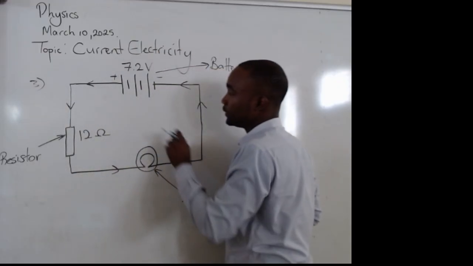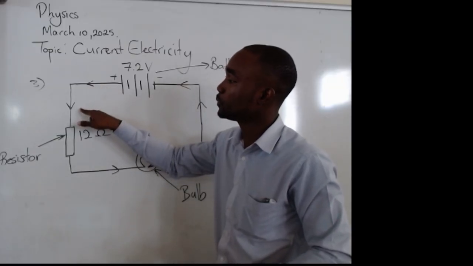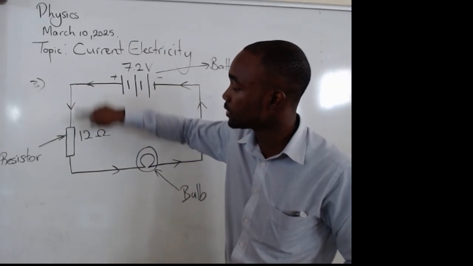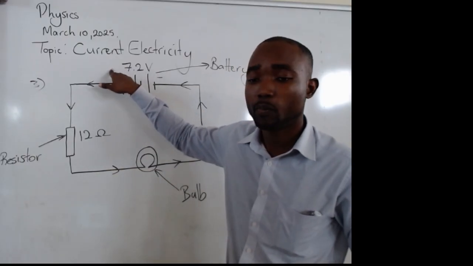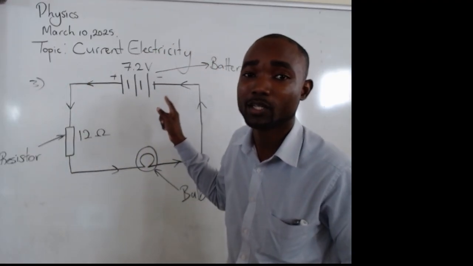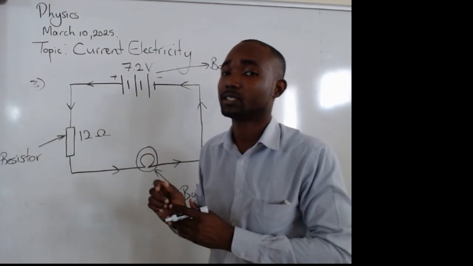Now you see these arrows here going around. These arrows represent the current flowing through our wires. So these are our wires in our circuit. And the current is flowing from the positive terminal of the battery to the negative terminal. Now this is what we call conventional current.